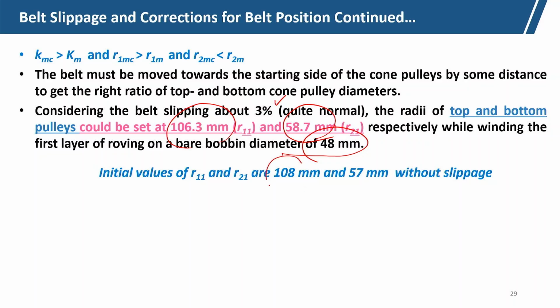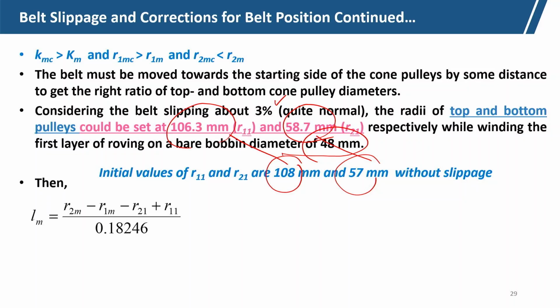So, the initial value was 108, instead of that we can use 106.3, and for 57 we can make it say 58.7.